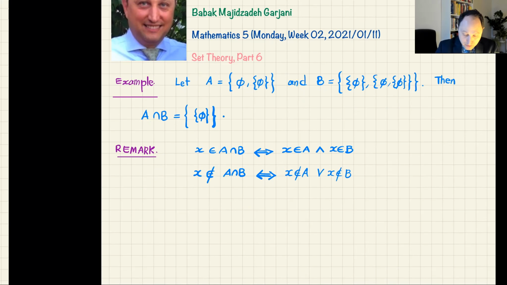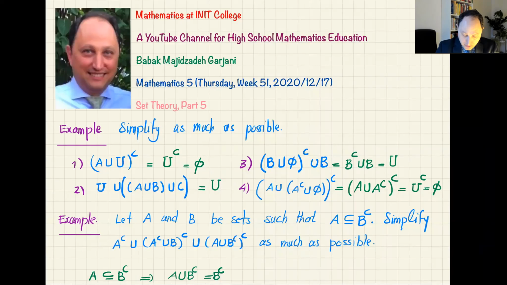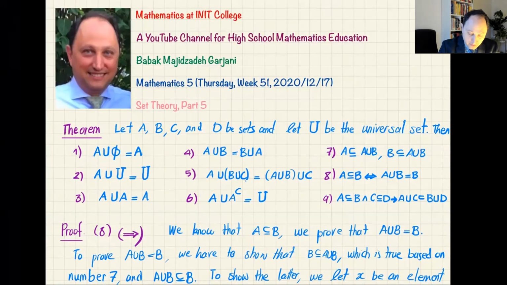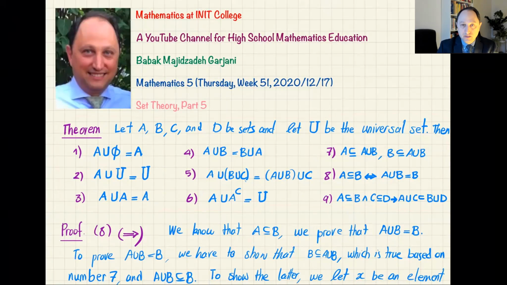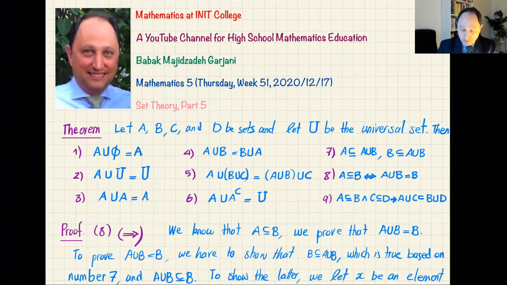Let me go back to the notes of the previous lecture. If you remember, we had a main theorem. Most of the different parts of this theorem are scattered among the exercises in the book, okay? Of course, I don't expect you to memorize them, but if you are interested to learn set theory in a more structured way, this is why I call this a theorem.